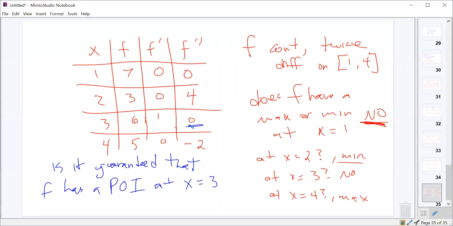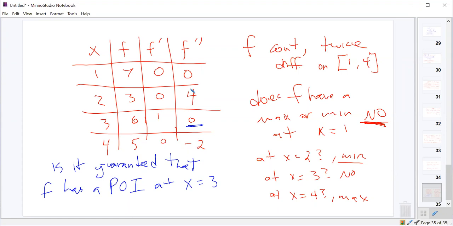Second derivative is 0. Okay, we look for a change in concavity around that. Well, at 2, it's 3. At 4, it's -2. Sure looks like it went from concave up to concave down, doesn't it?